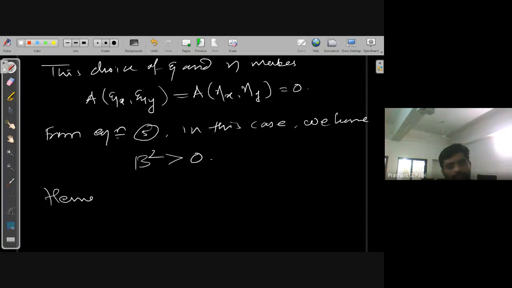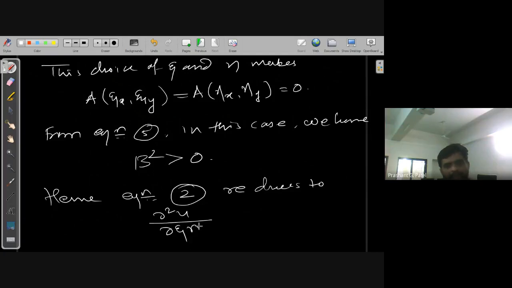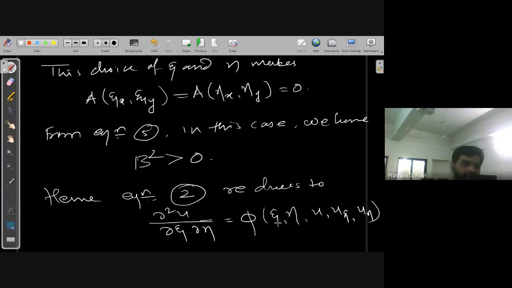Hence the equation 2 reduces to del square u by del xi del eta equal to some function phi of xi, eta, u, u xi, u eta, where xi and eta are called the characteristic curves of equation number 1.